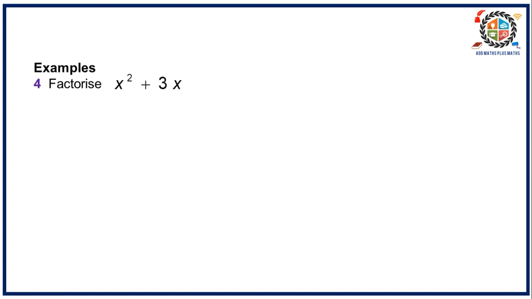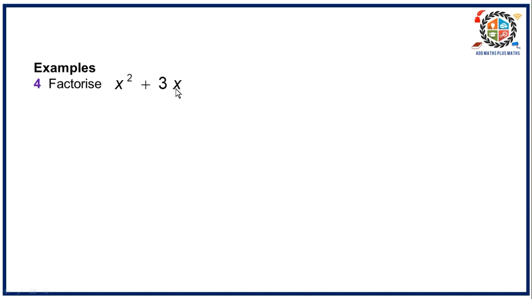Example number 4. I have here x squared plus 3x. You will notice that the first term doesn't have any number. The second term only got 3 and x. Let's study that. We'll have a conclusion that the first term has 2 x's and the second term has only 1 x.